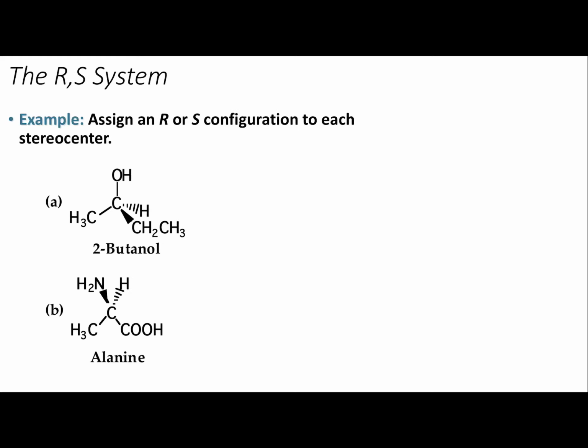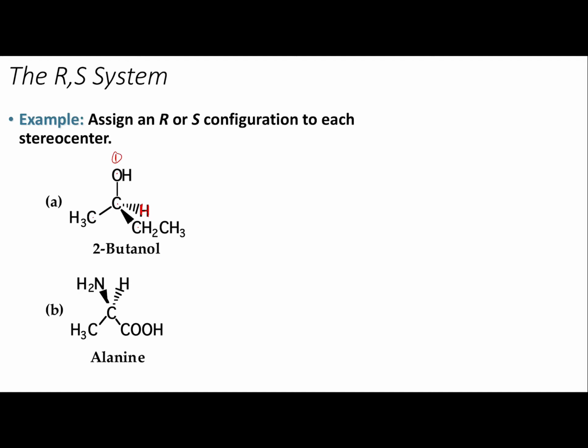So let's try it. Here, we've already got the hydrogen towards the back, so we just need to assign the priorities. We've got a carbon with an oxygen, a carbon with a carbon, and a carbon with a carbon. So here's our number 1. Now out of these bottom 2, we've got a carbon with 2 hydrogens and a carbon, or a carbon with 3 hydrogens.